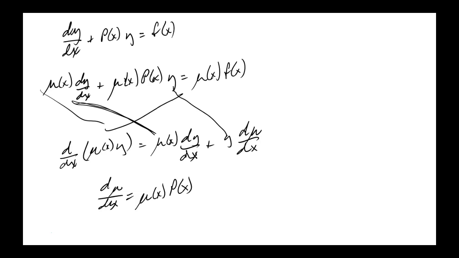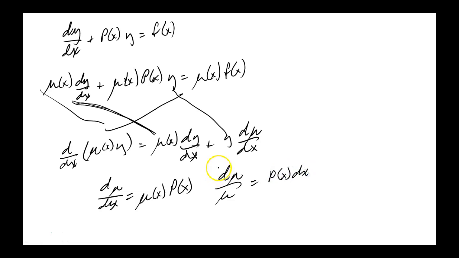Now, that equation can be solved by separation of variables. Whether the first one could or not is immaterial, but this one can. So what we're going to do is d mu over mu is equal to p of x dx.